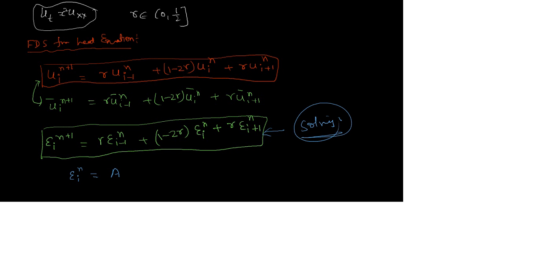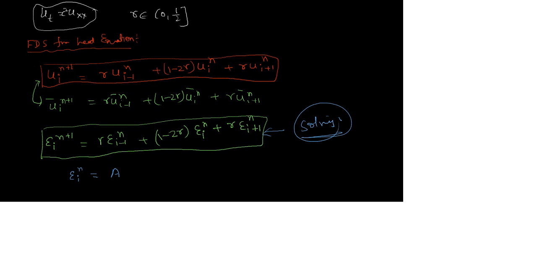As I have already told, in the error term a sum was there, but we are taking only a single term for the simplicity of the calculation. Since the sum satisfies the homogeneous equation, the individual term will also satisfy it.